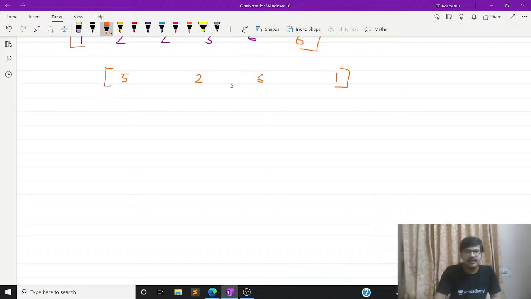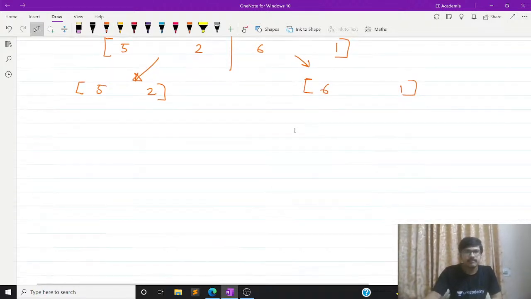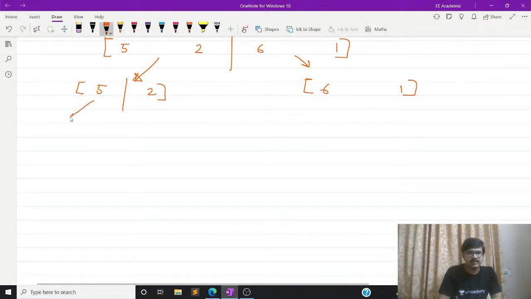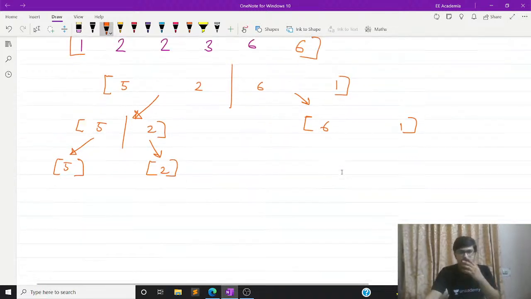So given this array of 4 elements, divide the array into two halves: the left half 5, 2, and the right half containing 6 and 1. Okay. Now divide it further, 5 and 2.